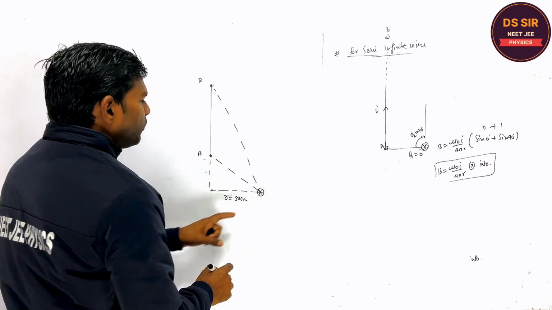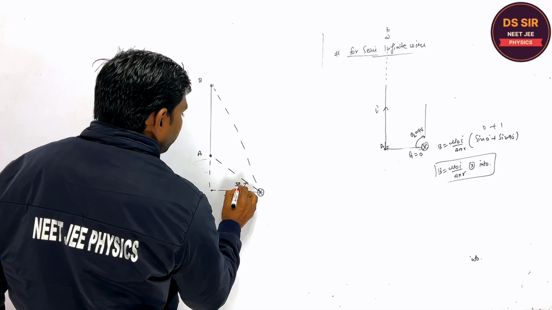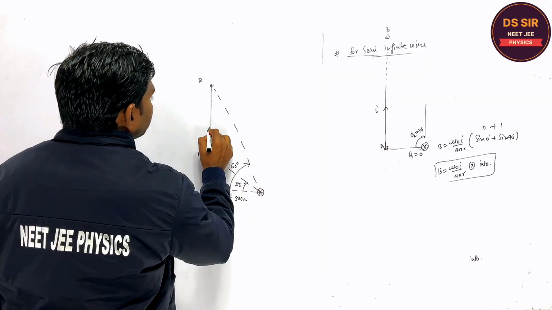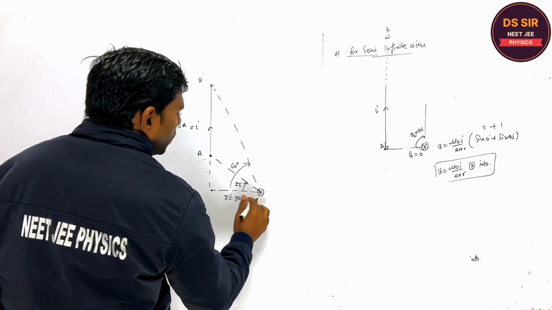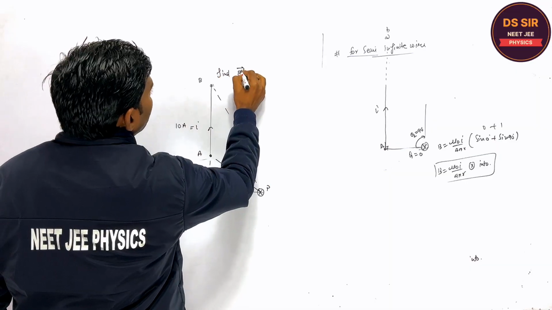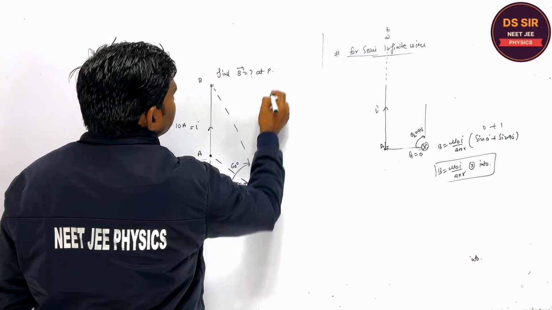At this point P, you have to find the magnetic field, such that this angle is 53 degree and this angle is 60 degree. Current in the wire is 10 ampere. You have to find the magnetic field at P. This is the question.